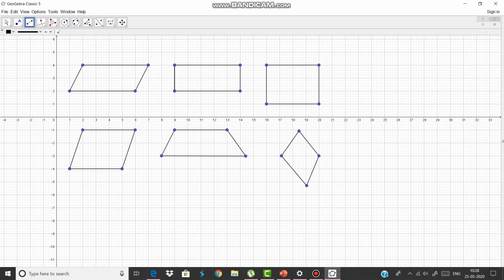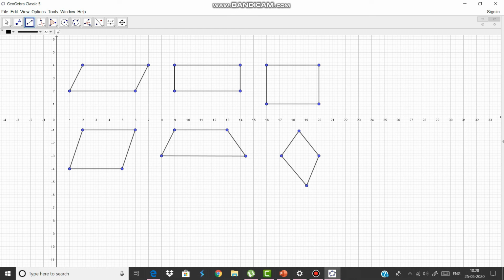The same statement is also fulfilled in this rectangle. So the first property of the parallelogram and the first property of the rectangle are completely the same. So the property of the parallelogram is completely fulfilled by the property of the rectangle. So that is why a rectangle is a parallelogram also.